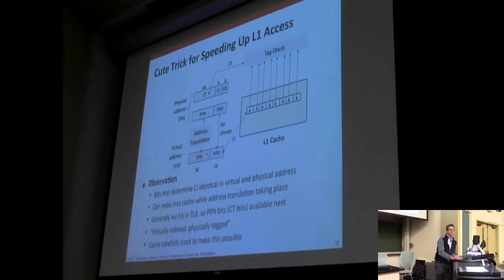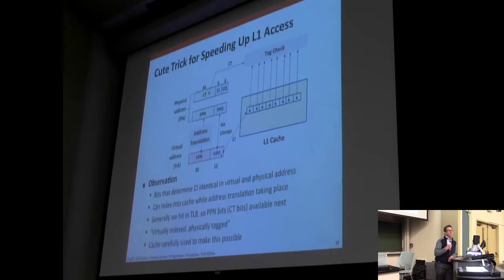So what that means is that when the MMU is given a virtual address, it can send the VPO off to the L1 cache, even though L1 is physically addressed. We can do this because of this phenomenon that the PPO is identical to the VPO.